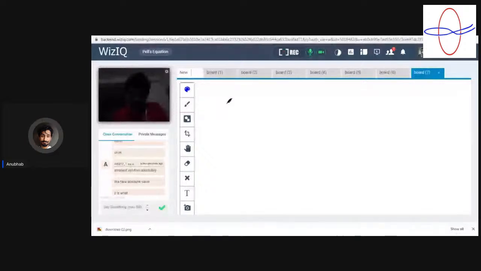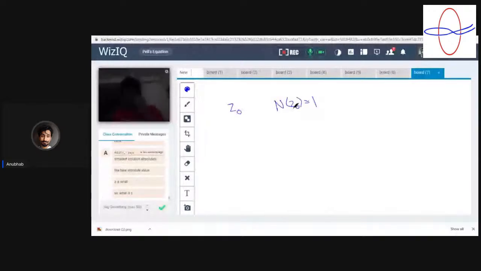Suppose z naught is a solution, then norm of z naught is 1. But plus or minus z naught to the power n is a solution. First we prove that part, then next we'll prove that those are in fact the only solutions.